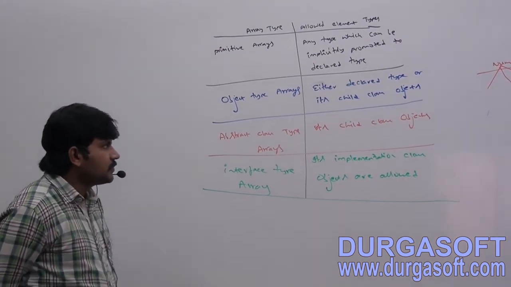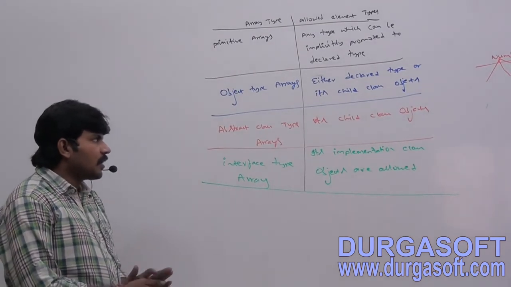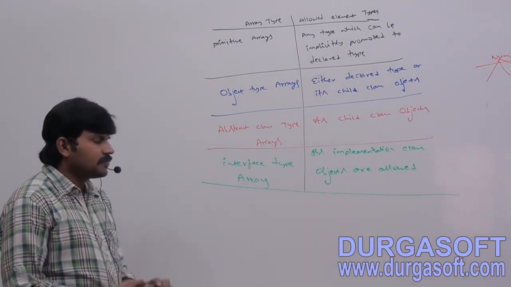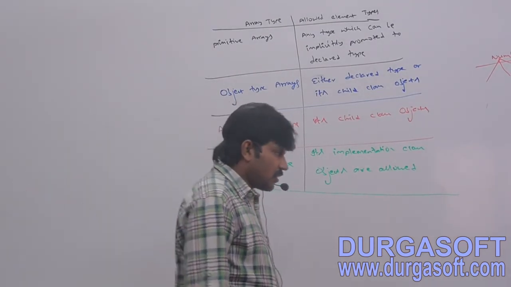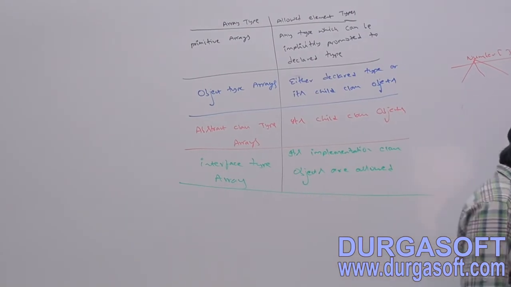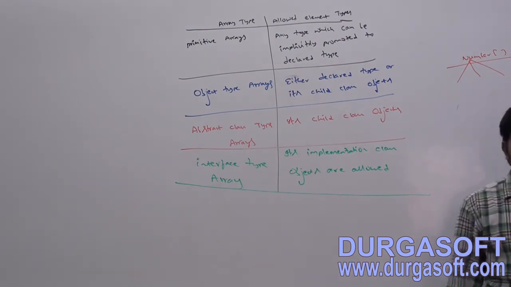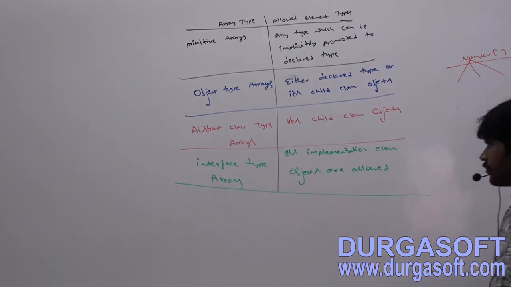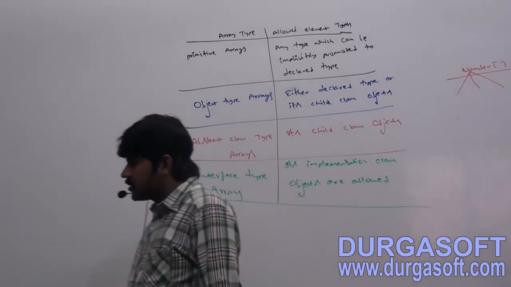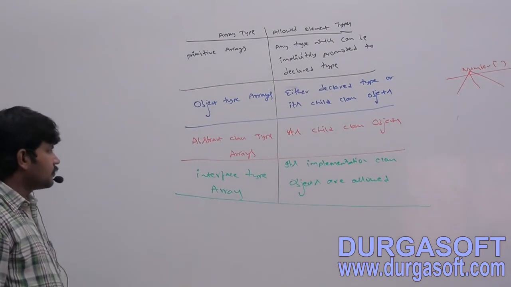Object type arrays: either the declared type or its child class objects. Abstract class type arrays: its child class objects are allowed.